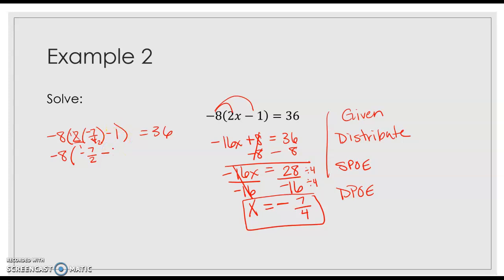I'm going to change this 1 into 2/2, because 2 over 2 is 1, but that's going to make this next step easier. Negative 8 times, and then negative 7 minus 2 would be the same as plus a negative 2. So a negative 9 over 2. And that's supposed to be 36.